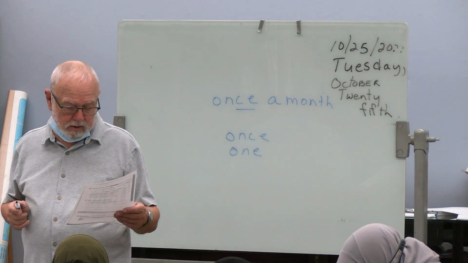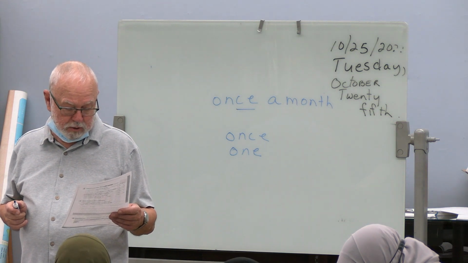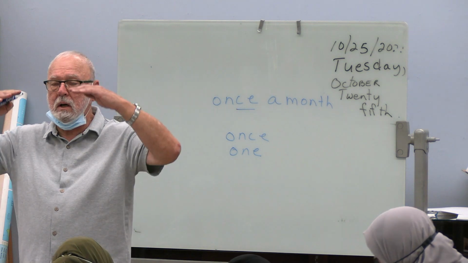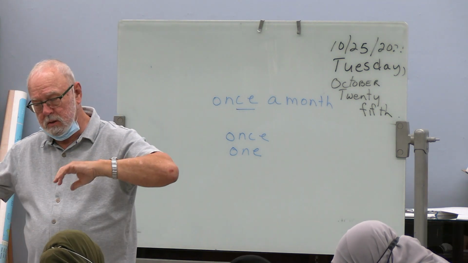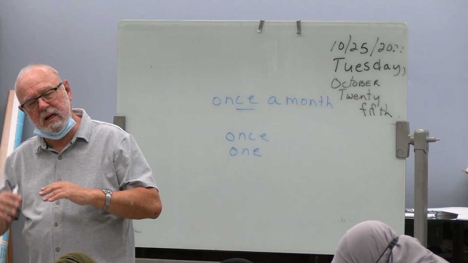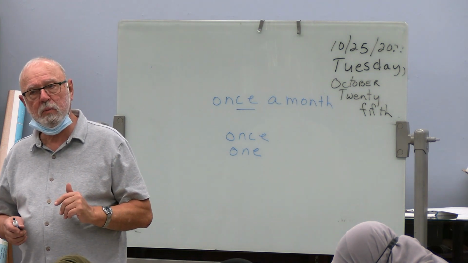Let's take a look down here at the bottom. Always, usually, often. Notice that they put a scale there. We know always is 100%, 0 is never, but in between it's not fixed. It moves a little bit.